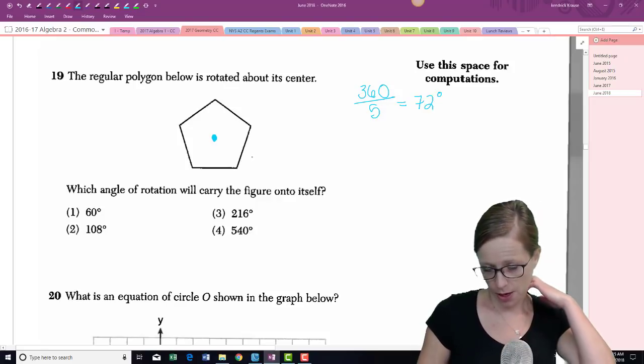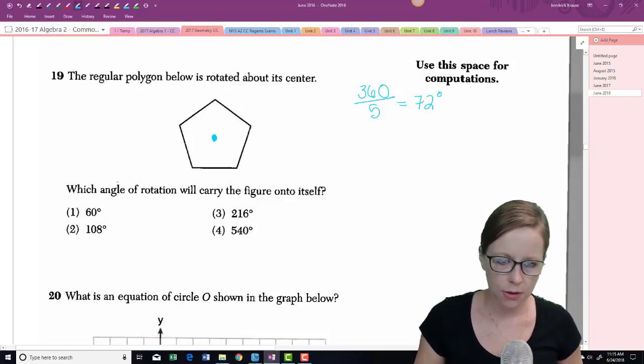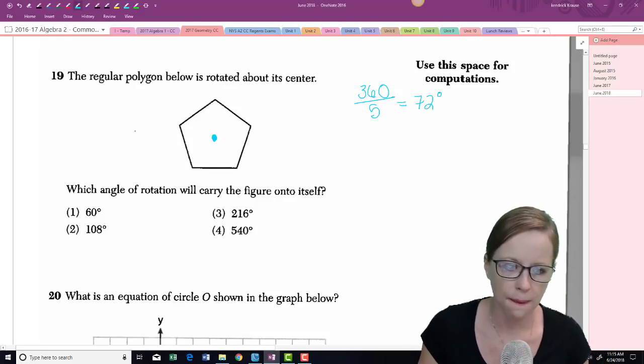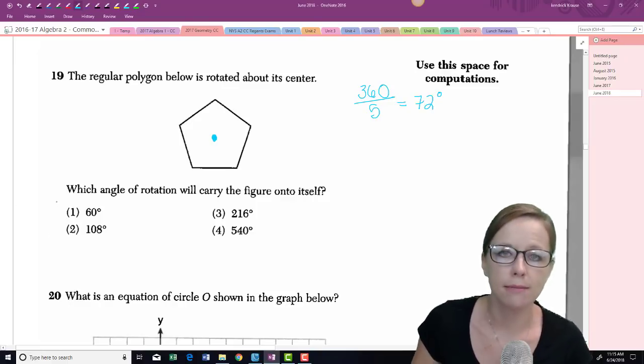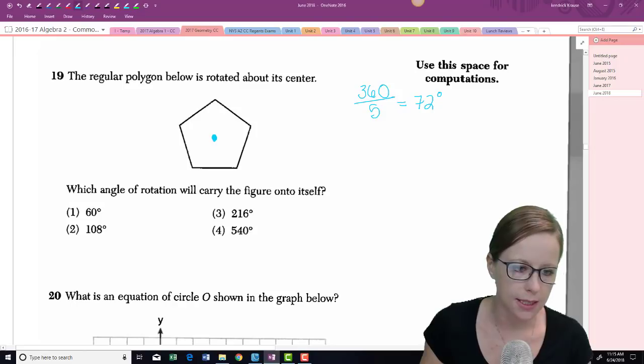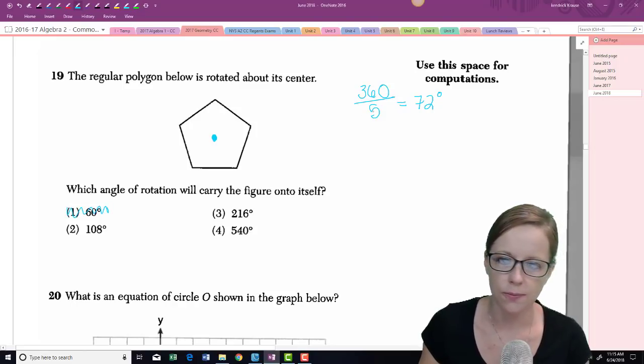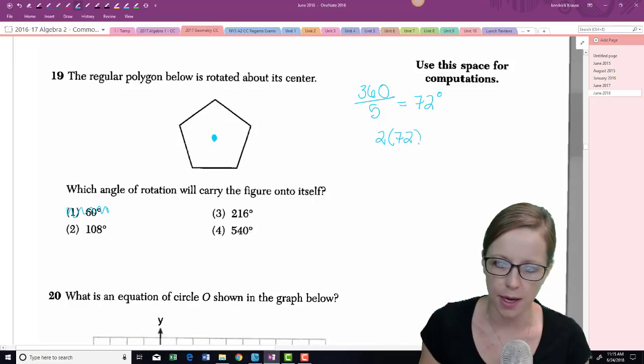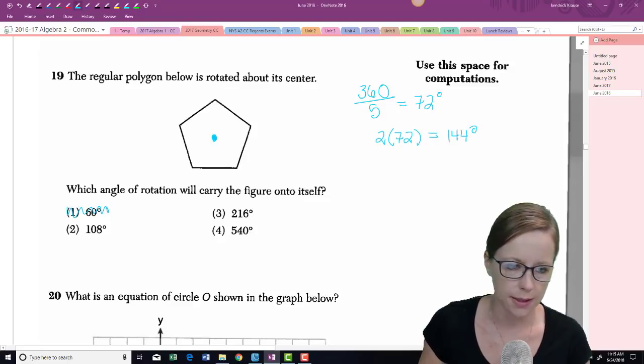So, here's the thing. One rotation of 72 is not a choice. We know it's not 60, so let's cross that out. 2 rotations of 72 degrees would map it onto itself, but 2 times 72 is 144. Not a choice.